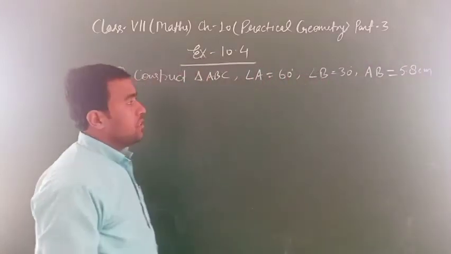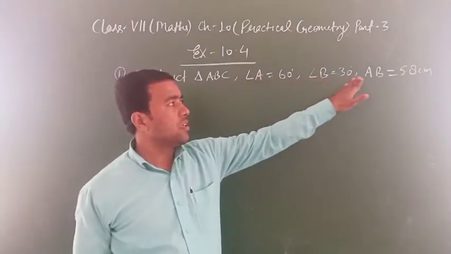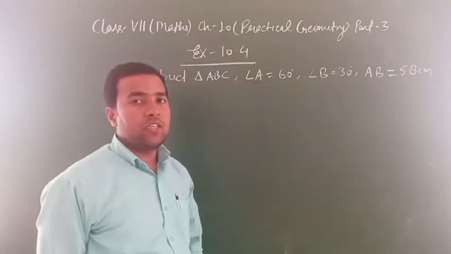Clear? It is a question. In triangle ABC, angle A is 60, angle B is 30, AB equal to 5.8 centimeters.